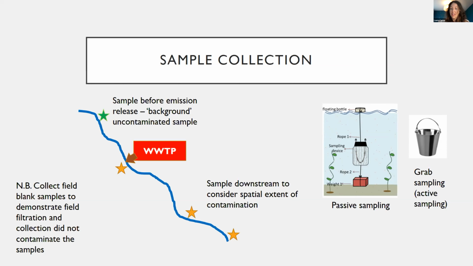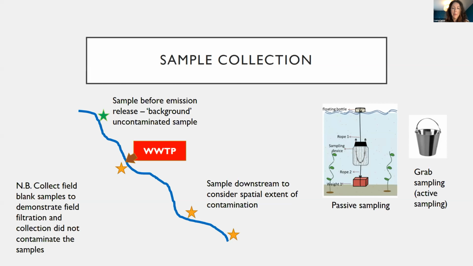However, as most of you are aware, when carrying out monitoring campaigns it's quite a challenge to find a site that's free from any form of contamination. Even in the UK, we've trekked into the Yorkshire Dales to try and find a background site, and we still managed to find some contamination. So an upstream site comes with a caveat: it doesn't always mean that it's a clean, background sample.